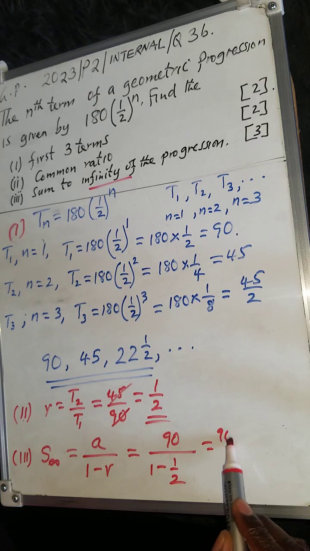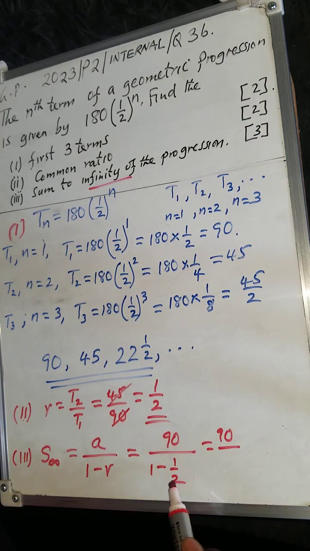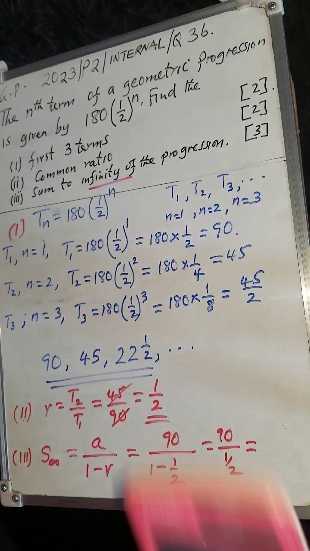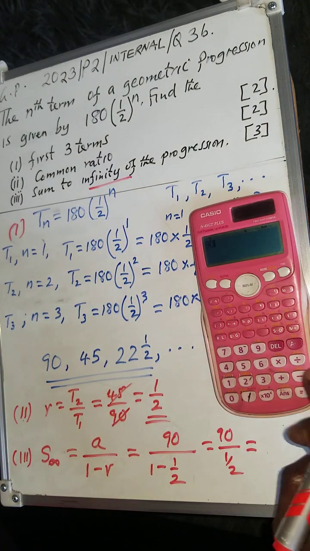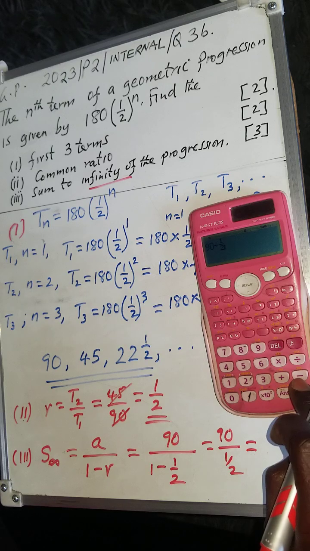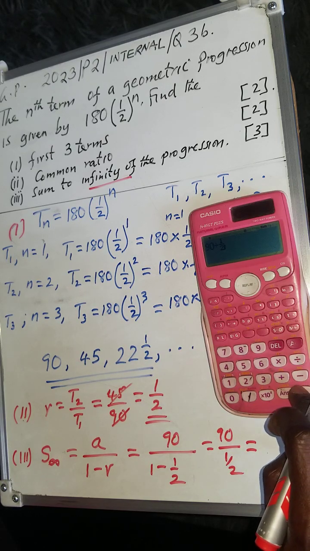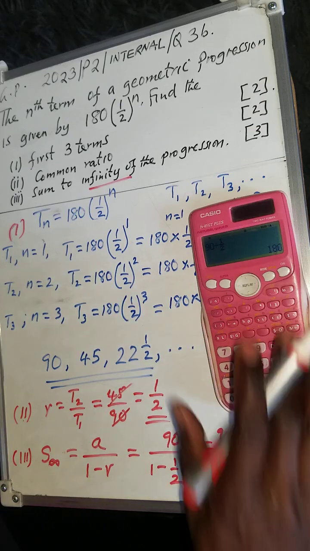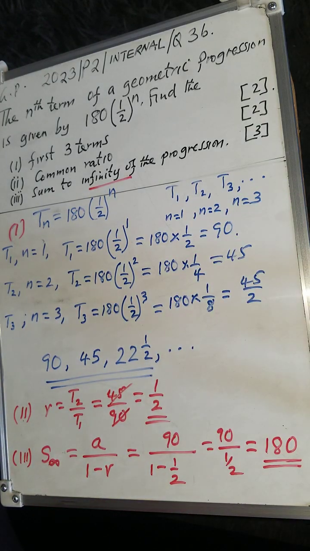That is 90 over 1 minus 1 over 2, which gives us a half. So it is actually 90 divided by 1 over 2, which is the same as multiplying by 2. It will give you 180. So that's the final answer that we get there.